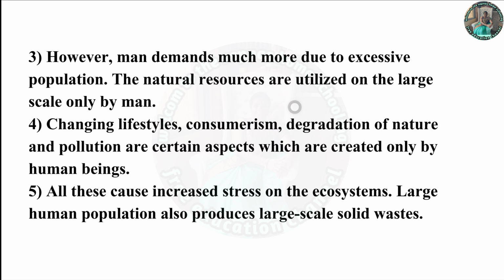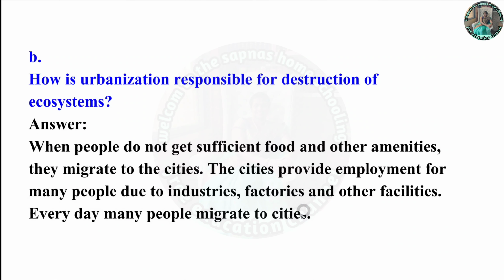The natural resources are utilized on a large scale only by man. Changing lifestyles, consumerism, degradation of nature, and pollution are certain aspects which are created only by human beings. All these cause increased stress on the ecosystems. Large human population also produces large scale solid waste.